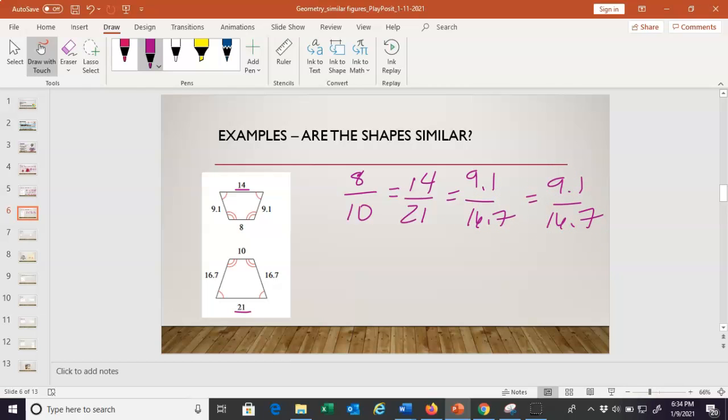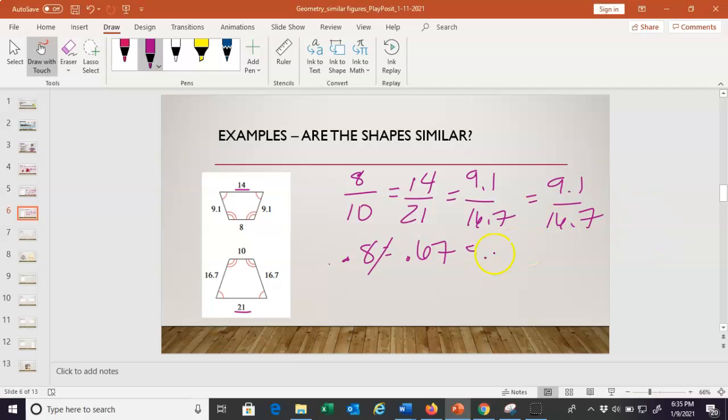Let's see about 8 over 10. Well, you guys know 8 over 10 is 0.8. 14 over 21. Ooh, that's 0.67. So we've already found a counterexample. Those are not equal. Let's just get these last two simplified so we can see.